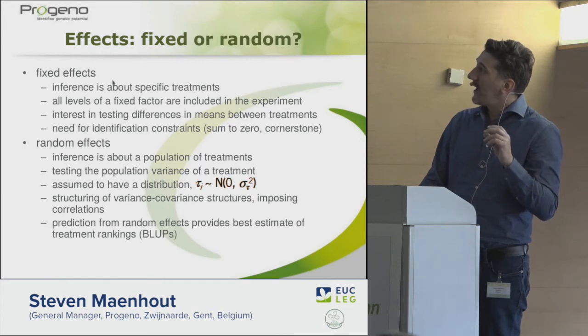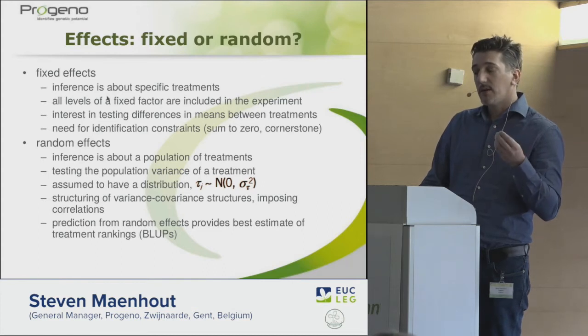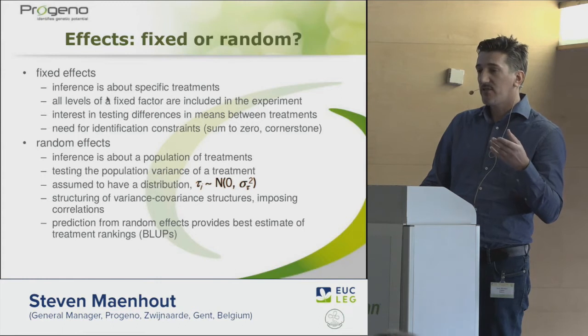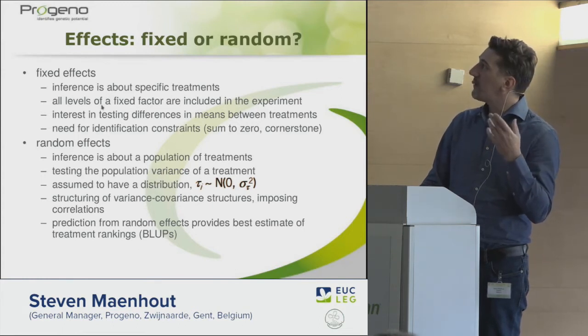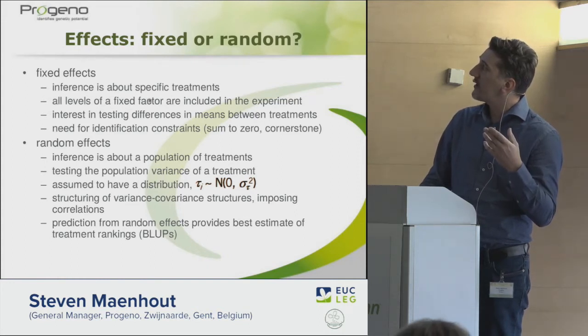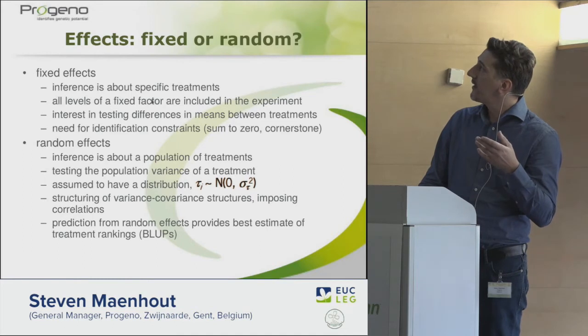You could say the same in a breeding context where you have accessions, and imagine that you have a low number of accessions, let's say again 4, then in that case you would generally also put them in the fixed effect structure, meaning that all the levels that you're interested in would be in the fixed effect part, and you're interested in testing their differences between the means.